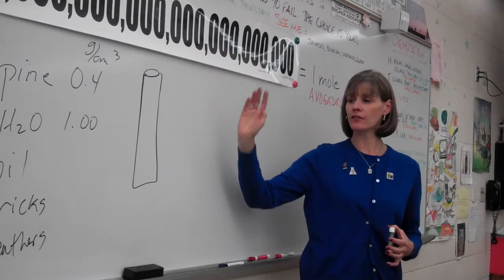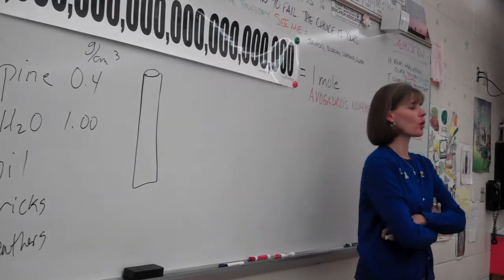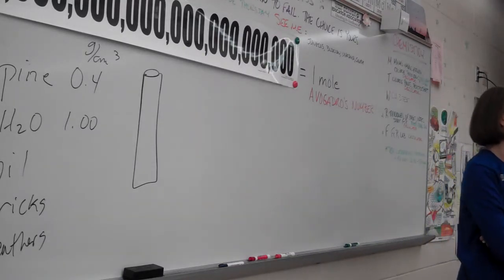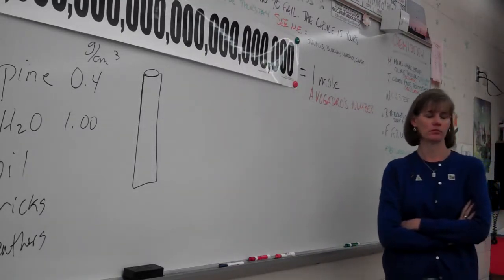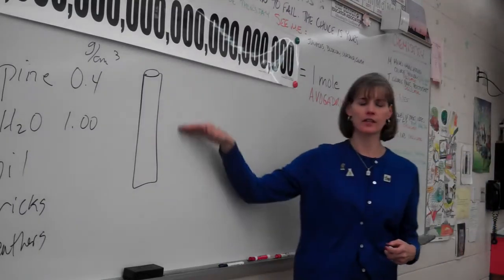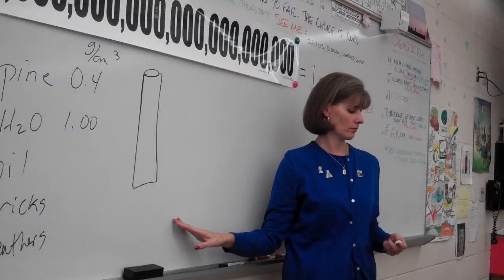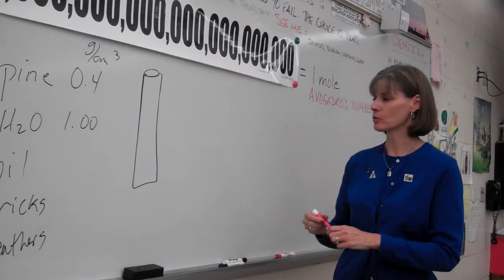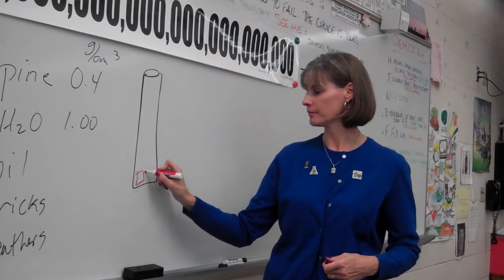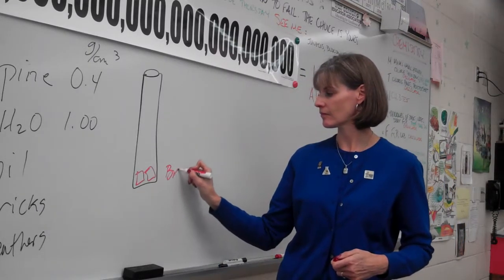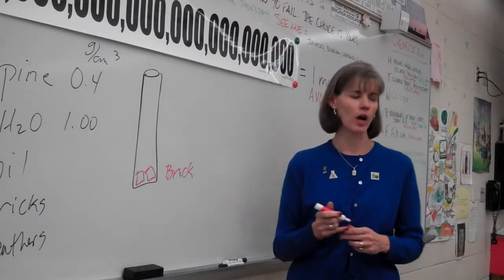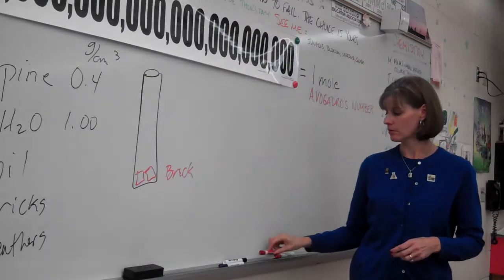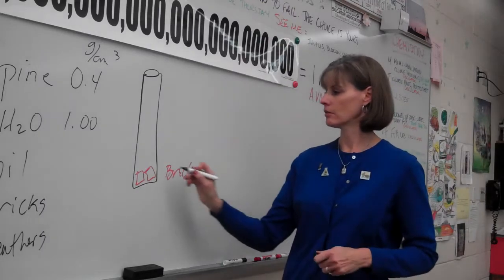So if I said, out of this list, bricks, feathers, water. Where would they go in this density column? Bricks on the bottom. So we'd have bricks sitting down here, right? Then what? Water. Then water.